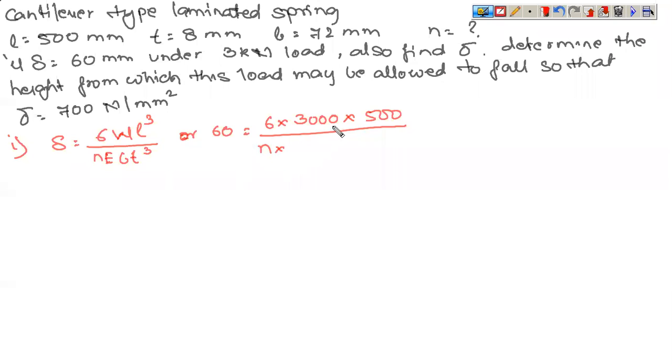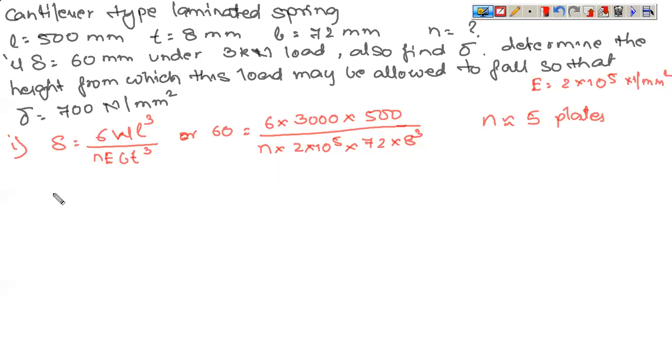E is given as 2 into 10 to the power 5 Newton per mm square, multiplied by B is 72 and T is 8 cubed. So if you solve this, you have N is approximately equal to 5 plates.